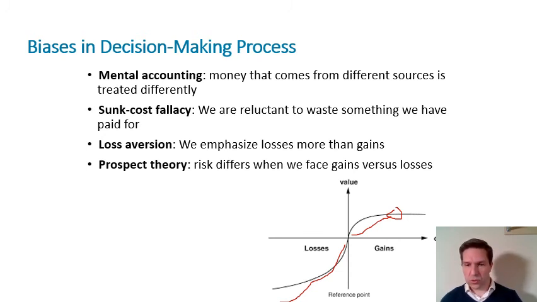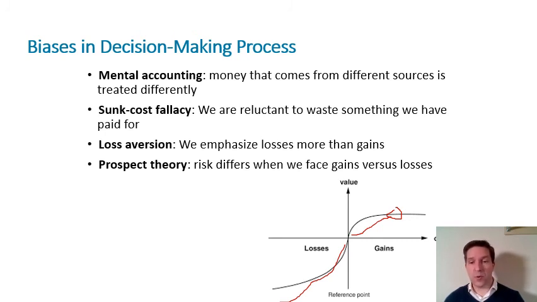So if you're talking dollars to dollars, how much you can win versus how much you can lose, for most people, you need to offer a 3-to-1 gains to losses for them to be comfortable with a bet, okay? So you need to realize that when I'm saying that losses are more powerful than gains, this is by a large amount. It's not by a little bit. Okay. But there are other framing effects that we see.